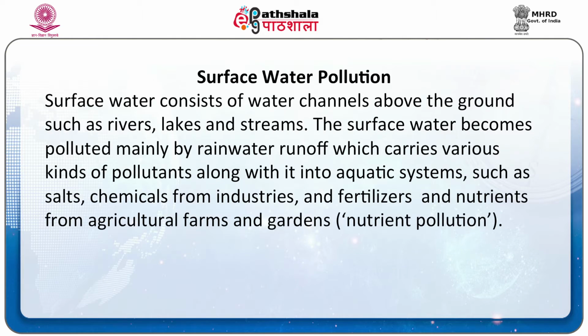Surface water pollution. Surface water consists of water channels above the ground, such as rivers, lakes and streams. The surface water becomes polluted mainly by rainwater runoff, which carries various kinds of pollutants into aquatic systems, such as salts, chemicals from industries and fertilizers, and nutrients from agricultural farms and gardens.